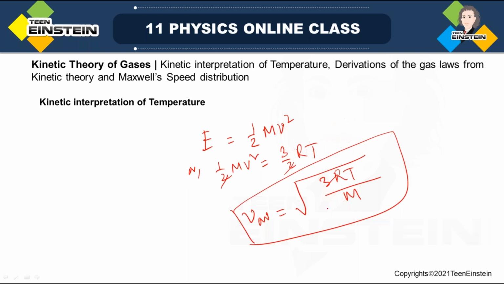This is called the root mean square velocity, not average, because we have already taken the mean square velocity and now we take a root. Average velocity we know already. This is root mean square velocity, RMS.